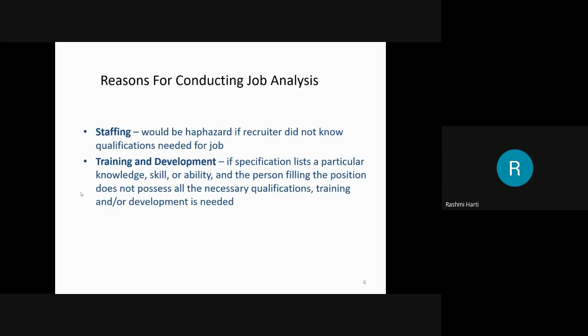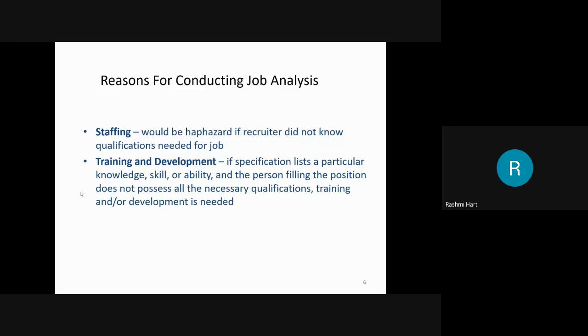The second reason is training and development. If the specification lists the particular knowledge, skill, and ability, and it is clearly understood what type of knowledge, skill, and ability is required for that job and at what level, then you can identify whether the person filling that position possesses them or not.